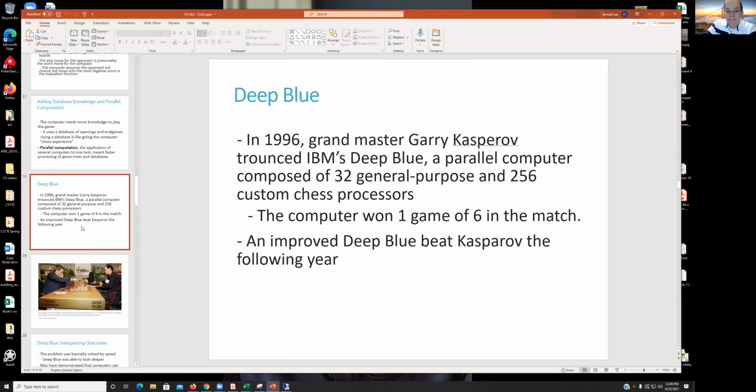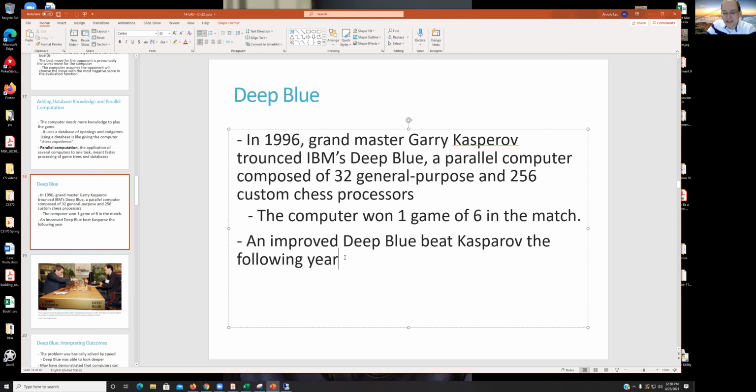So this is basically talking about grandmaster Garry Kasparov, who was pretty much the key guy during the time they were developing the chess playing computer. They talked about the hardware for the computer initially used, which they call Deep Blue. It's basically 32 general purpose CPUs and then 256 customized chess CPUs.